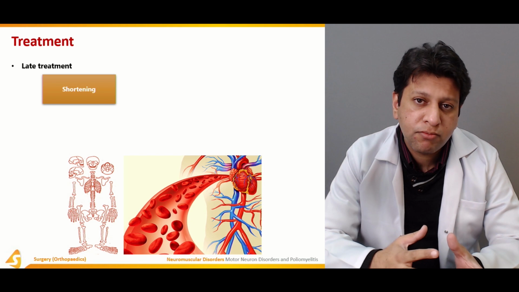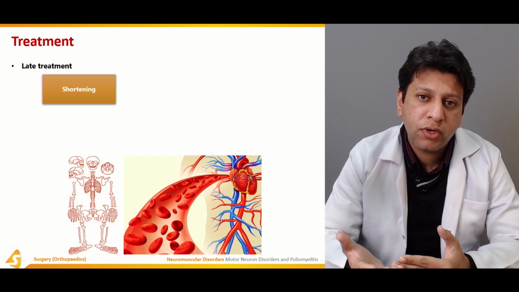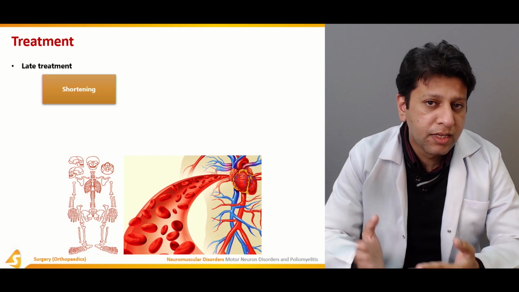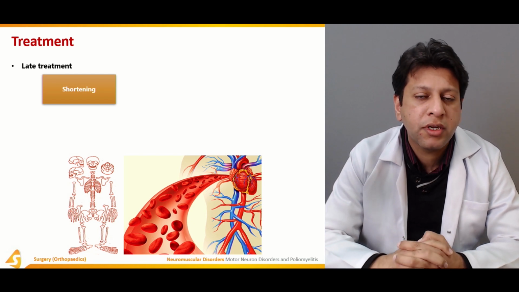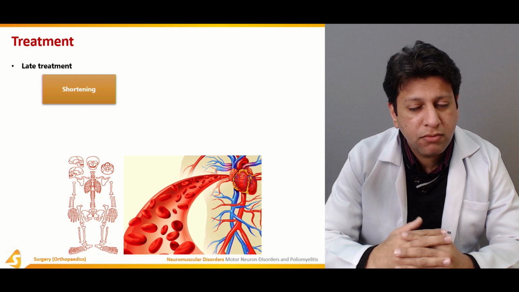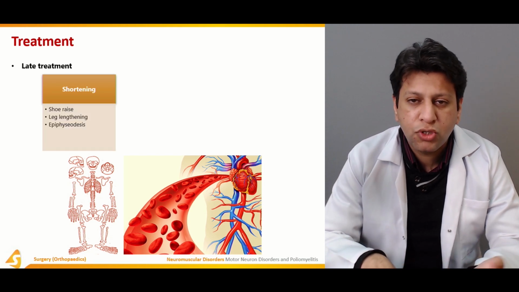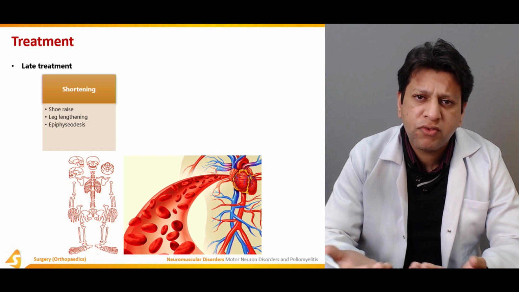Therefore, to decrease the stress on other joints, limb length discrepancy has to be dealt with. Limb length shortening can be dealt with either a shoe raise, if it's very small, 2 to 5 centimeter shortening.